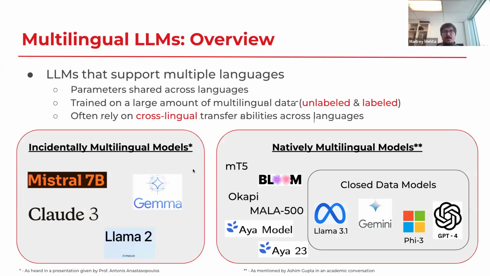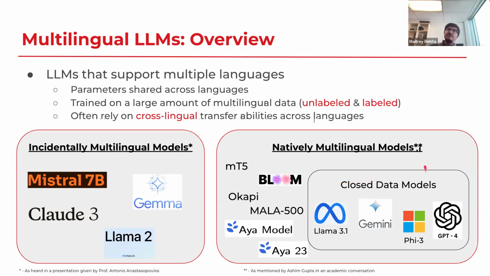And I broadly think about multilingual LLMs in two categories. On the left, you see incidentally multilingual models. These are models that were not explicitly trained using multilingual data, or their objective was not to be great across different languages, but they somehow were exposed to some amount of multilingual data, and they exhibit these properties, but they don't claim that they are great at these languages.